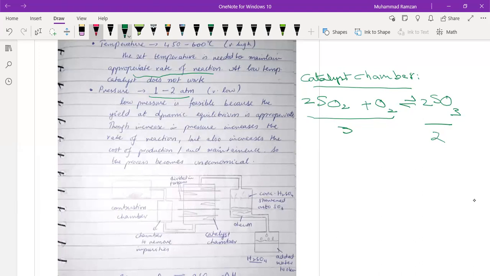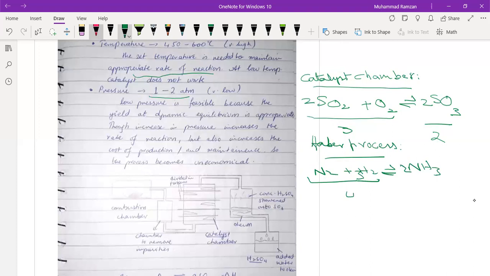If you compare this equation with the Haber process, if you can recall, this is the equation. Number of moles: 2, and this is 6.